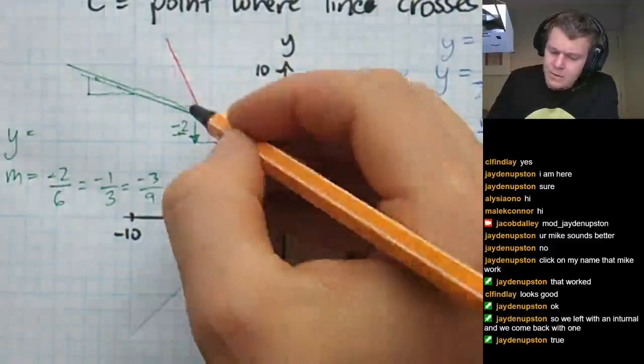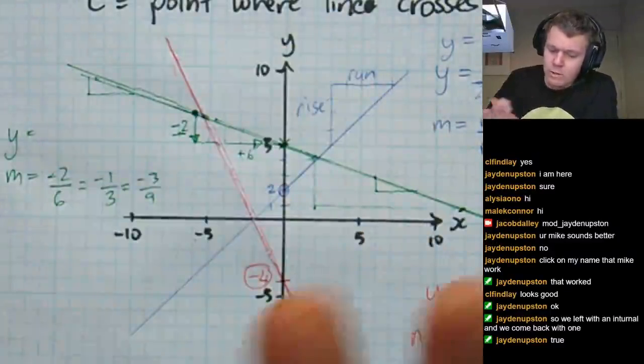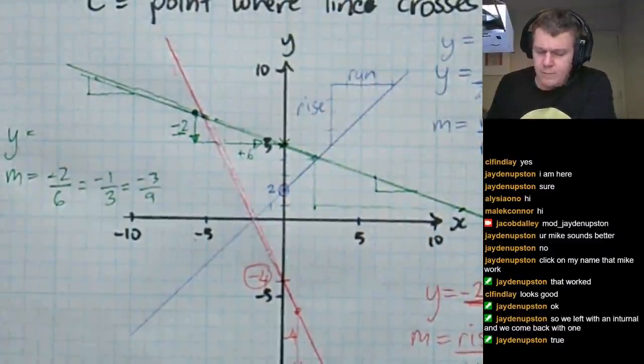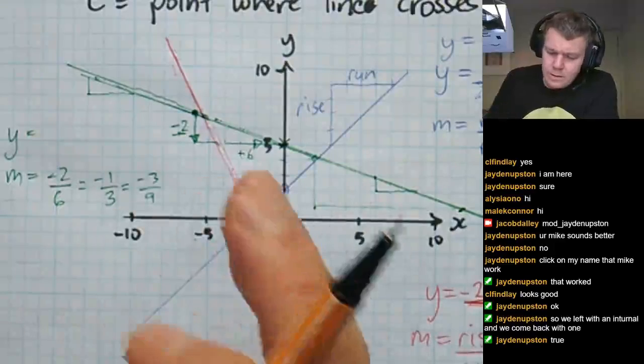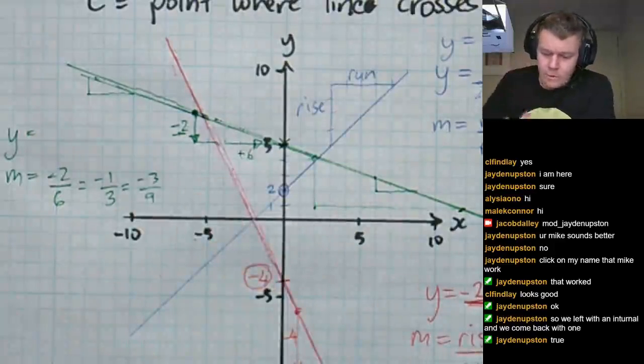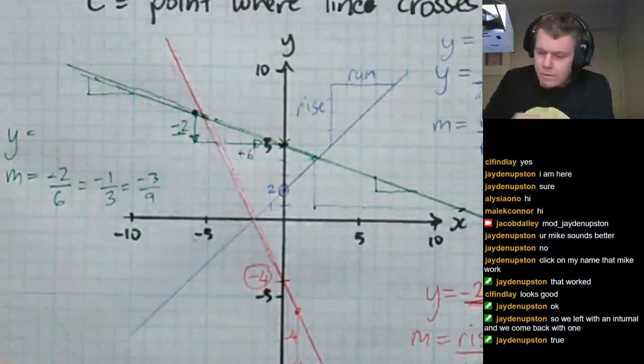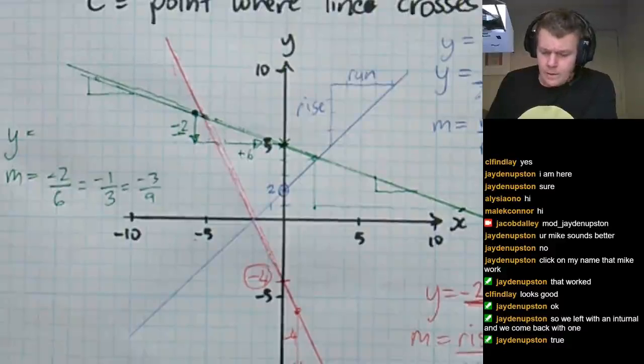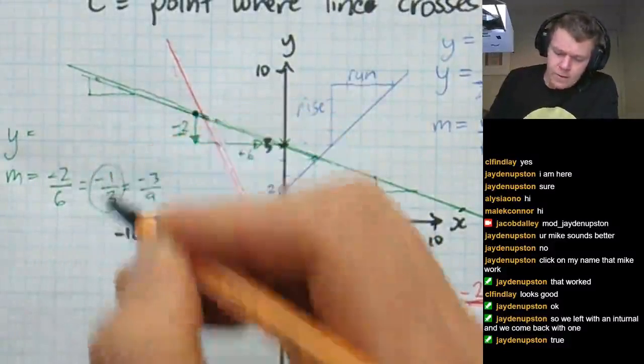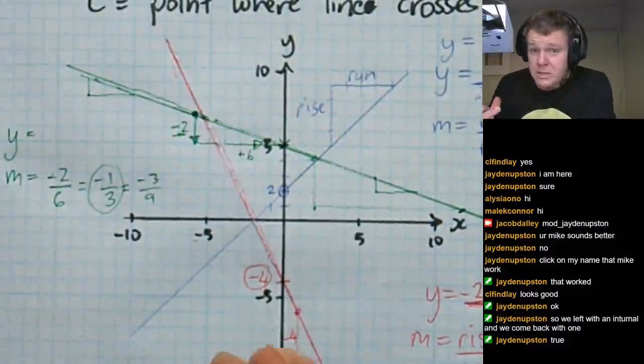So you don't always have to do it in 1s or 2s or 3s. Whatever you want to go down in the rise and across in the run will get you the right gradient.